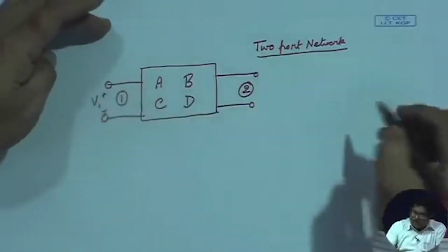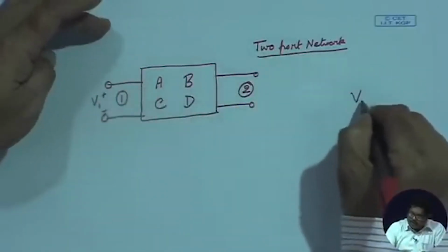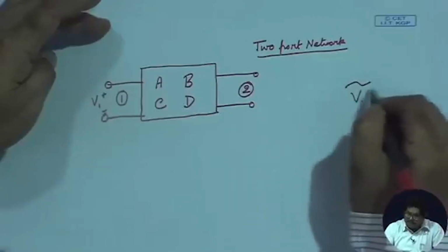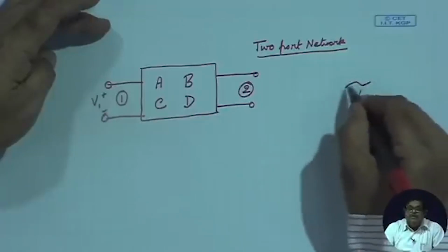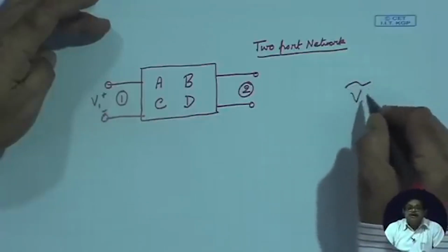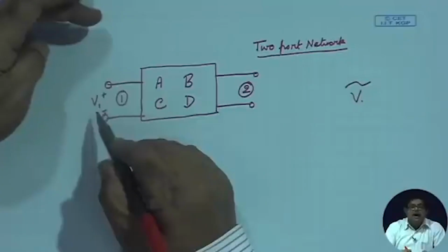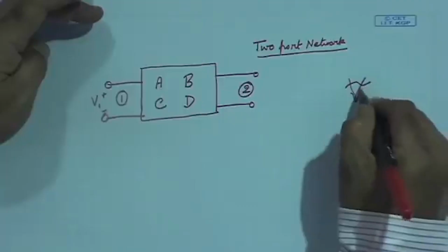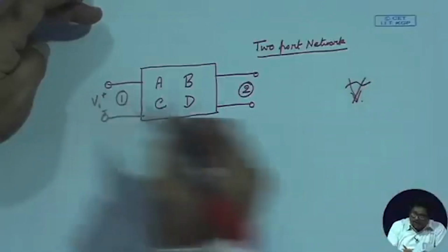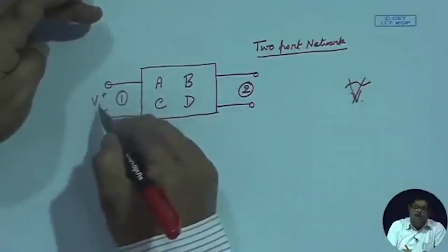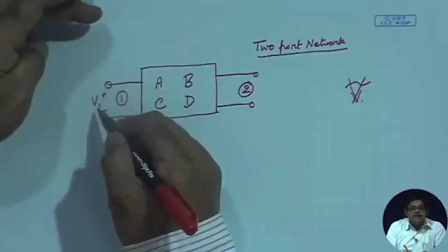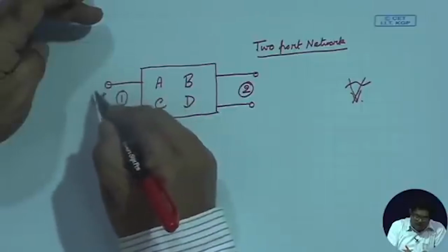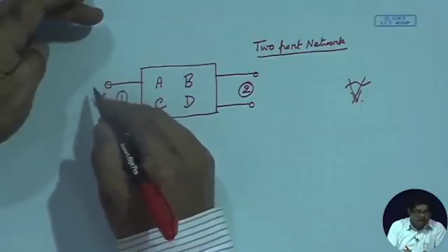Generally, we say that complex voltage we prefer to represent by V with a tilde at the top. But here, since all the quantities are complex voltages, I do not put that tilde, I say V1, but you should understand that this is actually a complex voltage. If you want, you can have your own notation, V1 with a tilde on top.